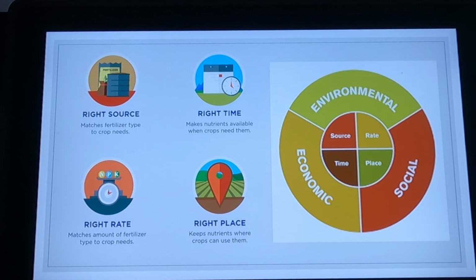So we want to make sure that we're applying at the right time, so not just putting all of your fertilizer up front. My research focused on growing corn, and you grow corn on sandy soils. So if you put 200 pounds of nitrogen in April, guess what happens?